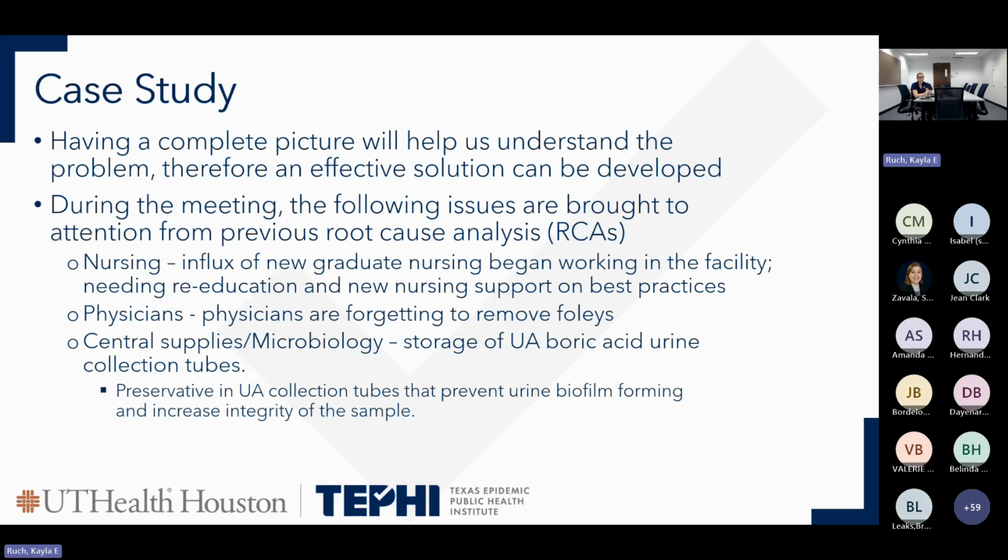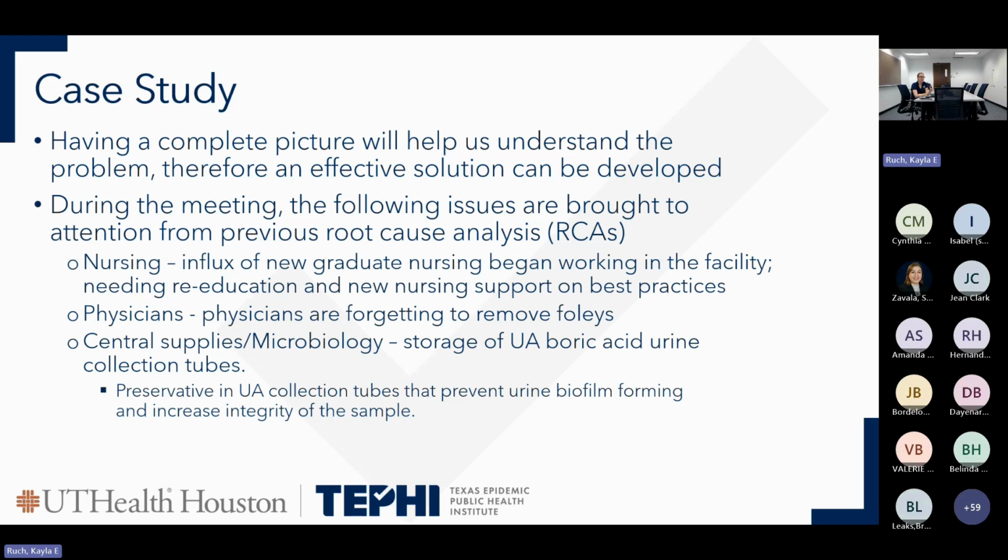And then we're going to the next step further. So this is now going into one of those RCAs, or root cause analyses, to understand, in our most recent catheter-associated events, what retrospective information came to light that was a potential cause. After we were talking about a certain case, we found, from what the nurses were telling us, that there is an influx of new graduate nurses beginning to work at the facility.